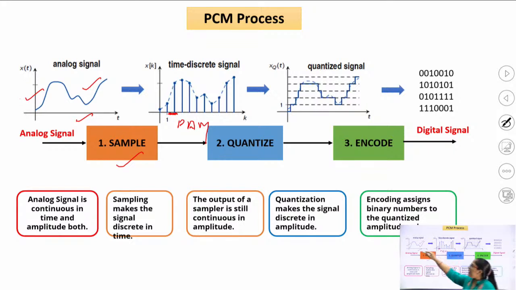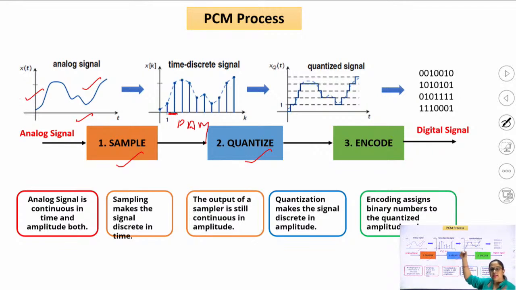The continuous amplitude will be discretized with the help of a process called quantization. What we do in quantization is assign some levels with uniform or non-uniform gap from the minimum to the maximum voltage level of our continuous signal. What is quantization? In quantization, we discretize a continuous signal in the amplitude axis.